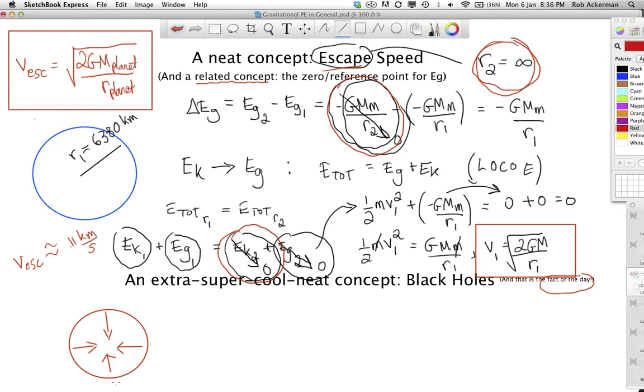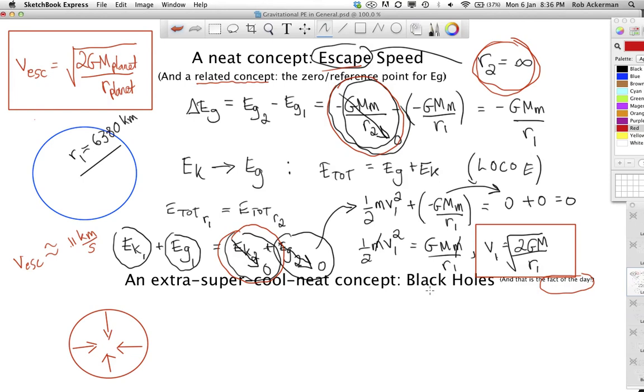And so the star actually begins to shrink. If the star is massive enough to generate enough gravitational force, it can't support itself at all, and it can collapse into a very, very tiny object that we call a black hole.